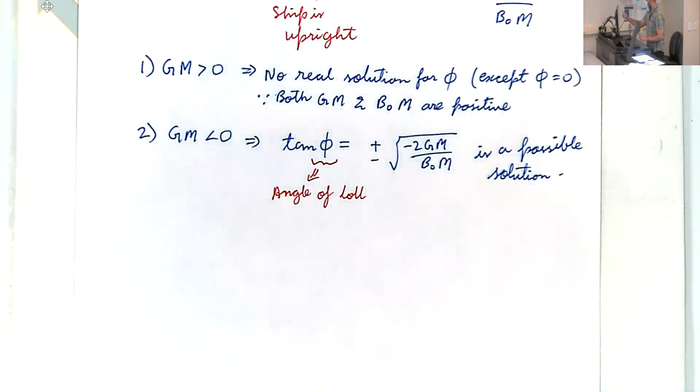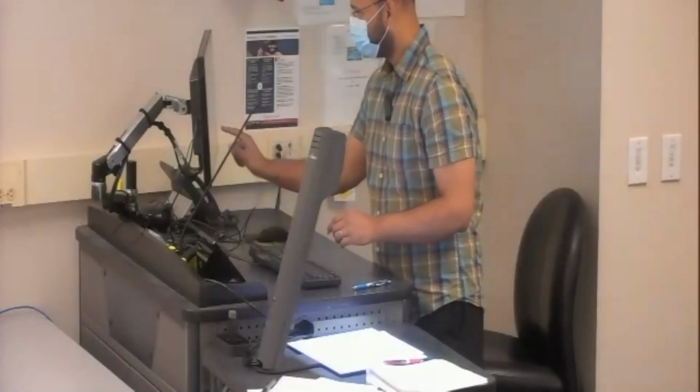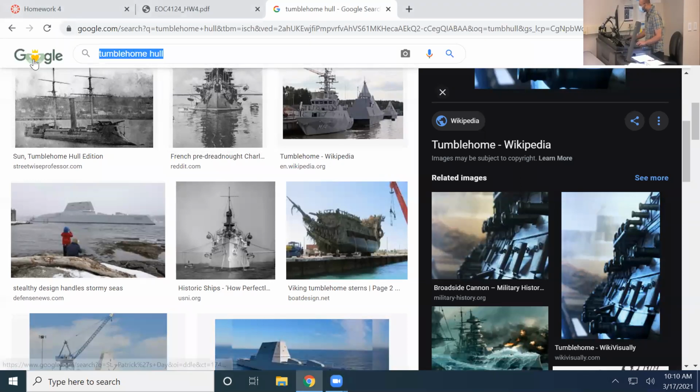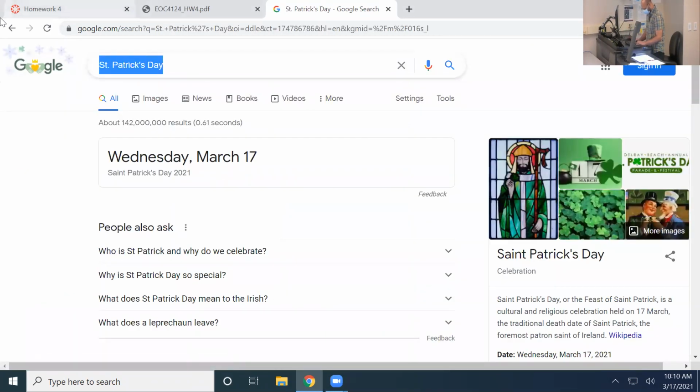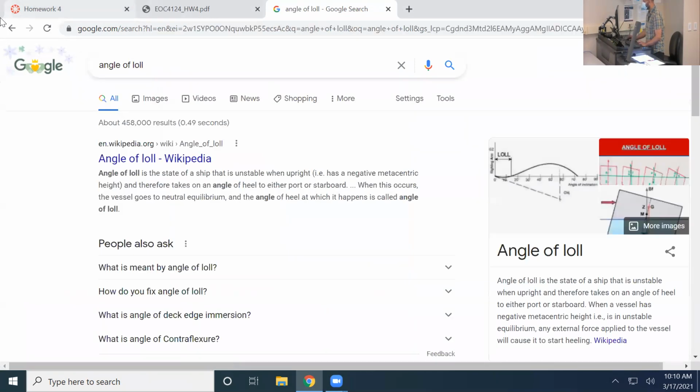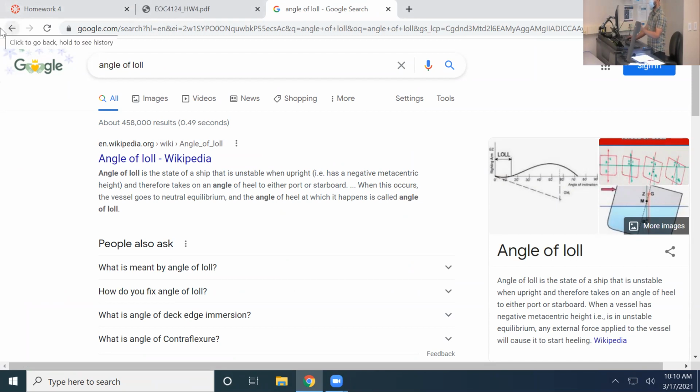Let me see if I can find any images on Google. Yeah, it's a stable point, but it's one where you don't want to be. It's not a comfortable, stable point.